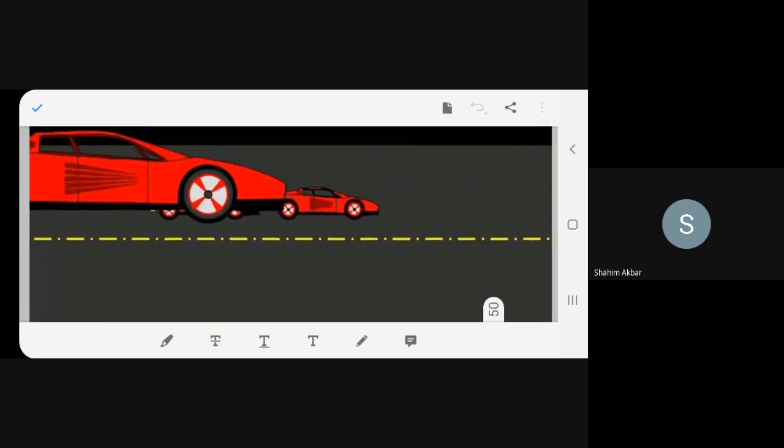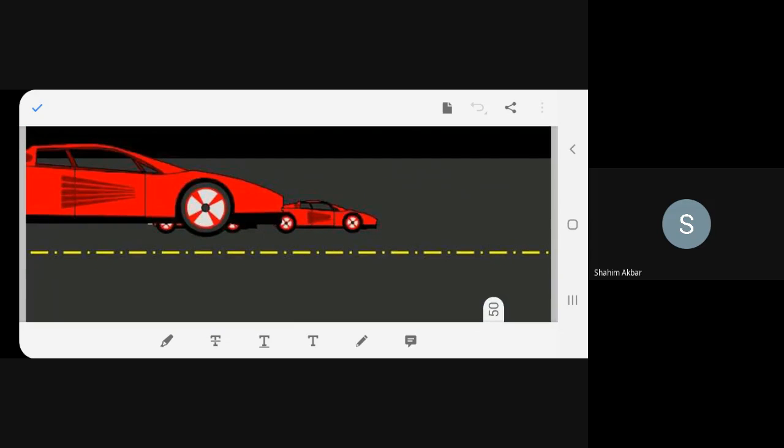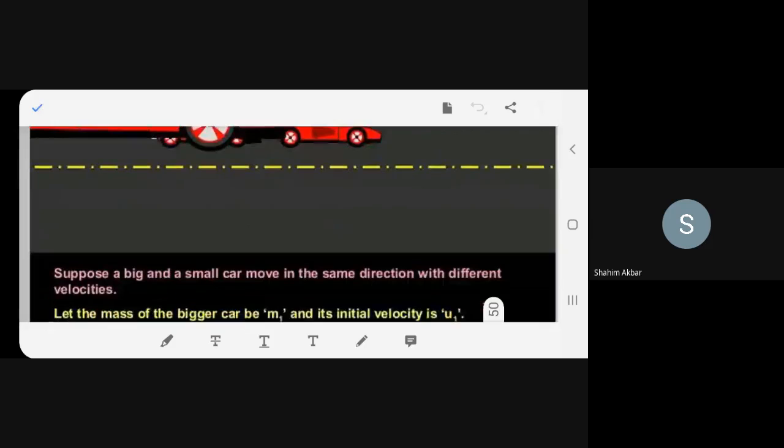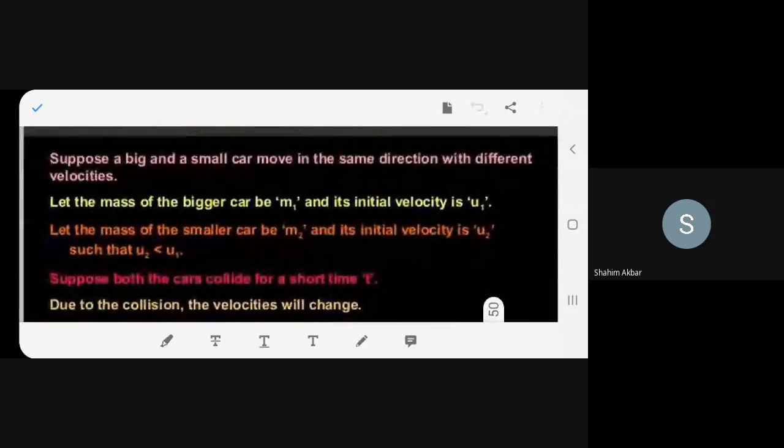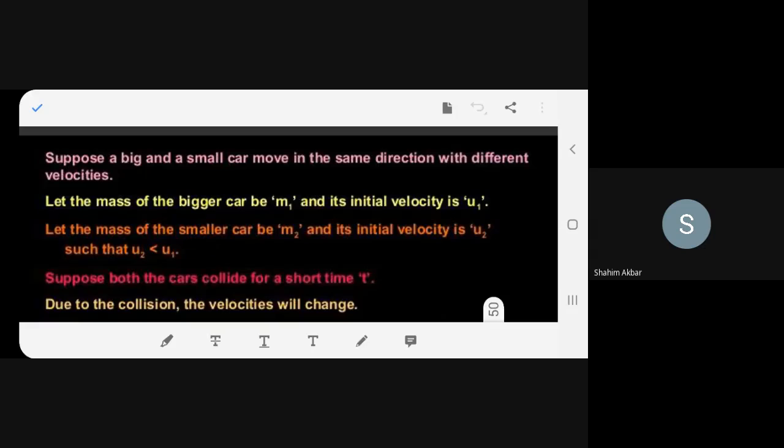You see a big car and a small car over here. Suppose there's a big and a small car which is moving in the same direction, but they have different velocities.